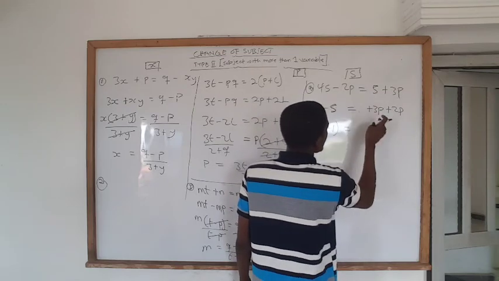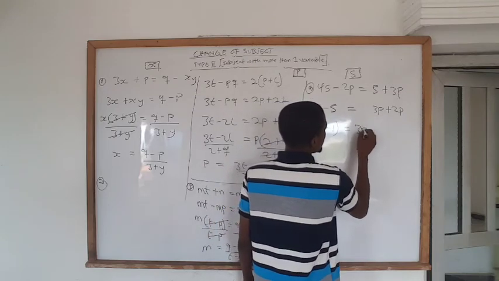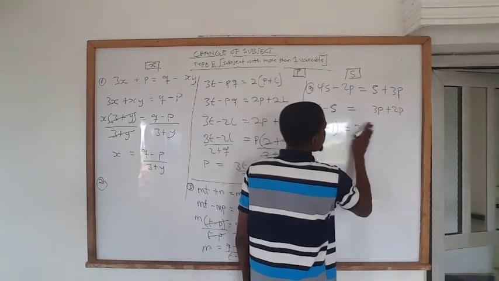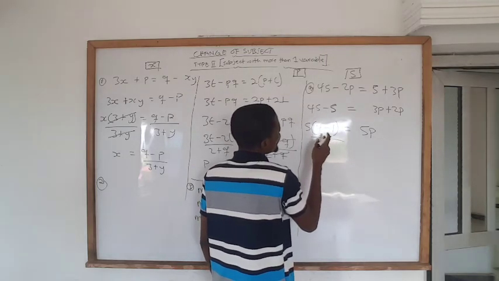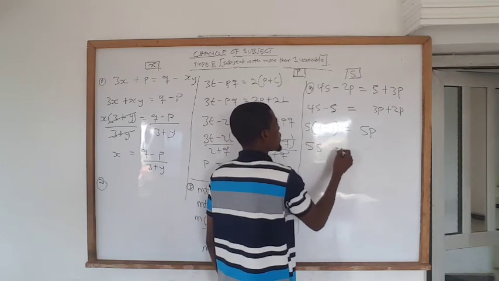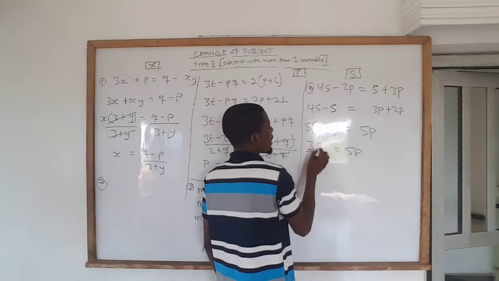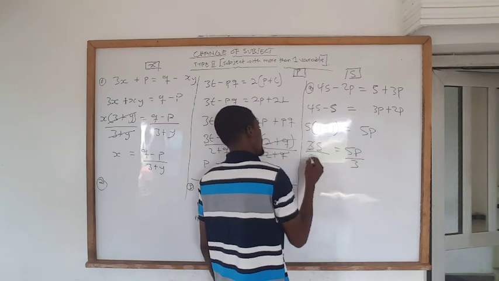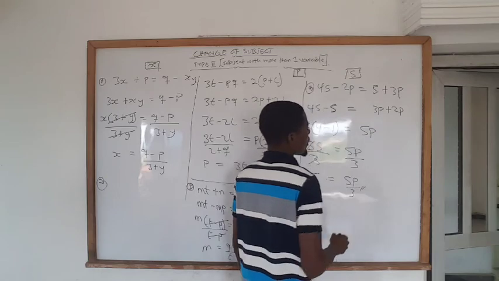So this one becomes 3s equals 3p plus 2p, and 3p plus 2p will give you 5p. So we divide here by 3, and 5p divide here by 3. So s equals 5p over 3.